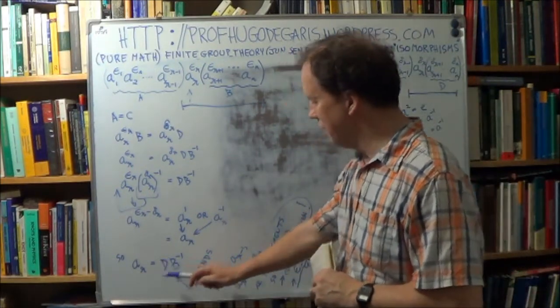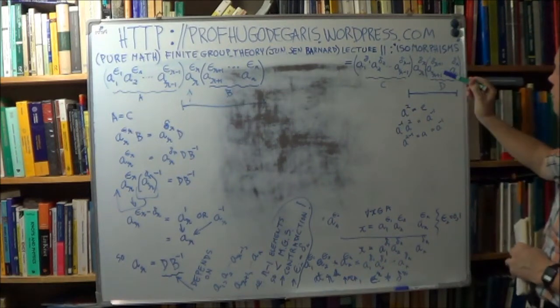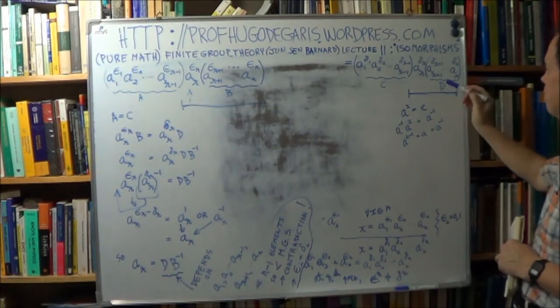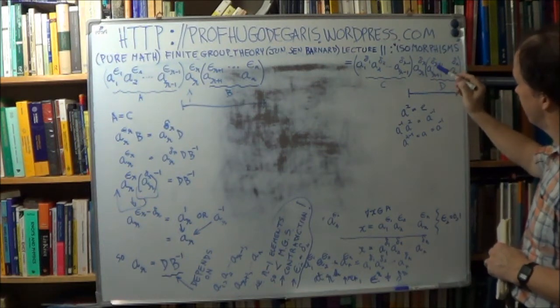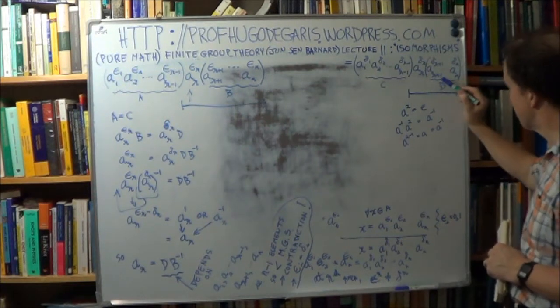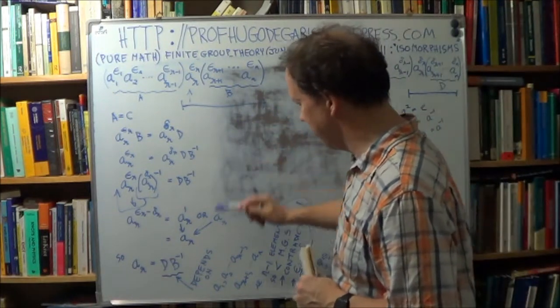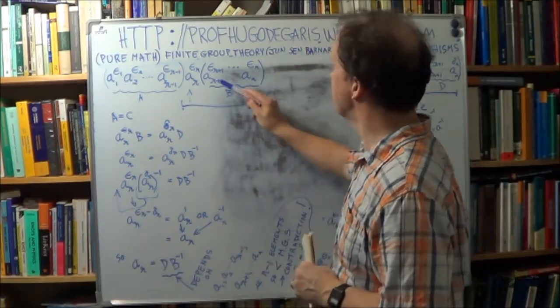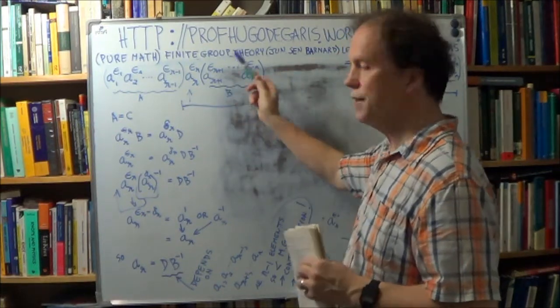Now have a look at D and have a look at B. Here's your D. Look, it involves the elements a of r plus 1 to a of n. And it involves the b inverse. Now the inverse of all of these is just the same.